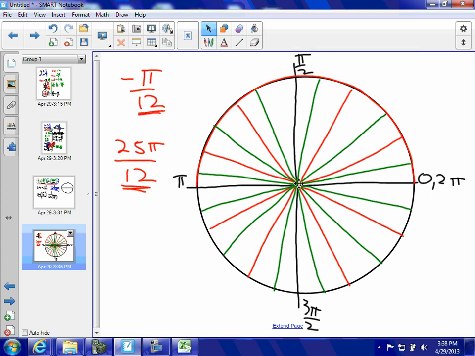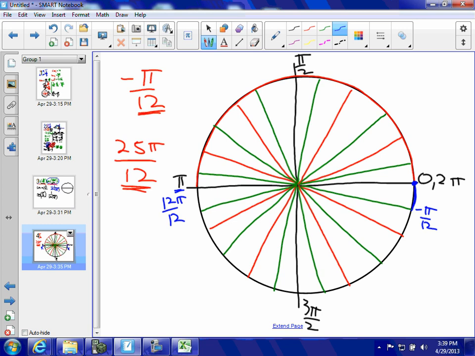So let's look at negative pi over 12. That one's not so hard. Negative pi over 12 means I start here at 0, then I go 1/12 negative. If I went all the way around the unit circle to pi, that would be 12 pi over 12.